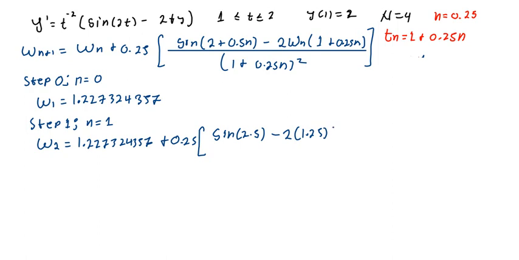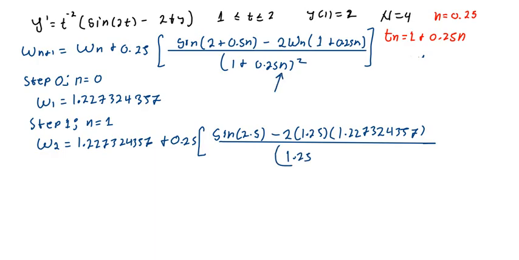Then here the wn, which is w1, we already calculated, is 1.227324357. So everything divided by this part, you plug in 1, that would be 1.25, you square it. Okay, so punching all of that on your calculator, I'm just going to write the final answer here.